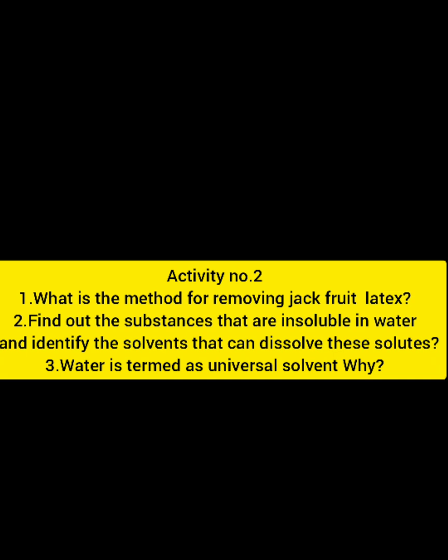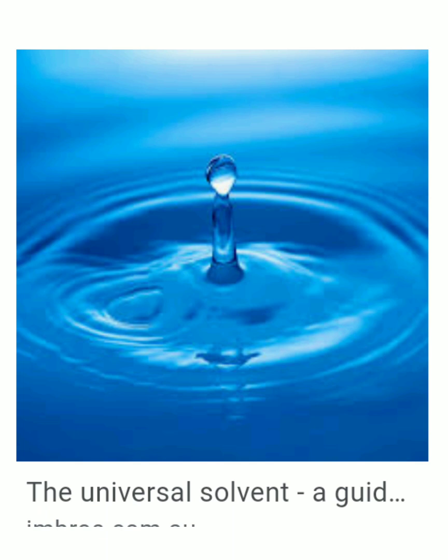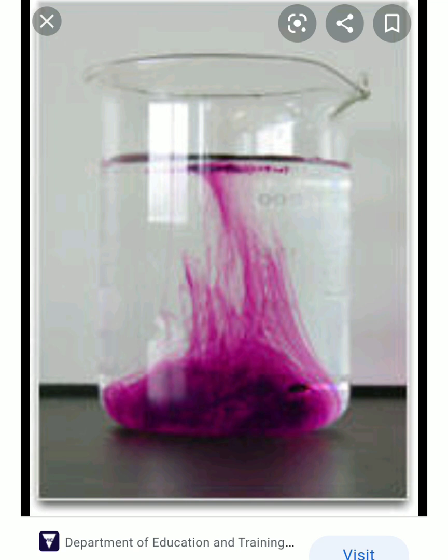So you have to find out the solutes that are not soluble in water and identify the solvents that can dissolve them. Okay. Third question, water is termed a universal solvent. Why? So this is activity number 2. We came to know that water can dissolve more substances than any other solvent. It will be very helpful to us in our daily life activities.